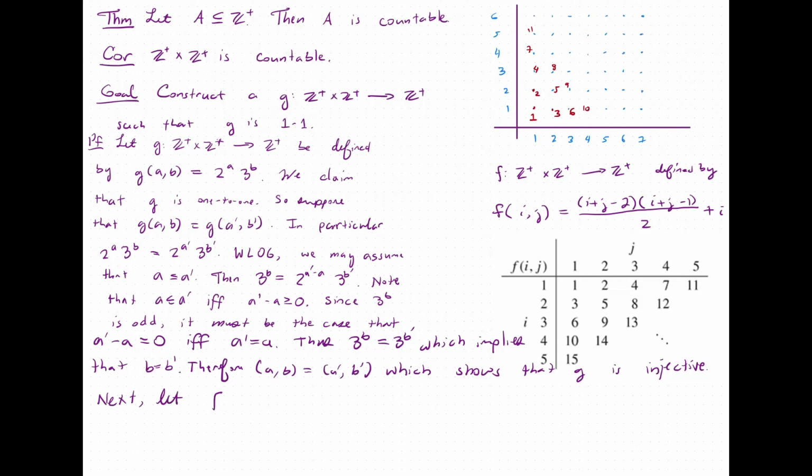let f be the function defined from the positive integers Cartesian product itself to the image of g. So g of the positive integers Cartesian product itself be defined by f of the ordered pair (a, b) is simply g of (a, b).